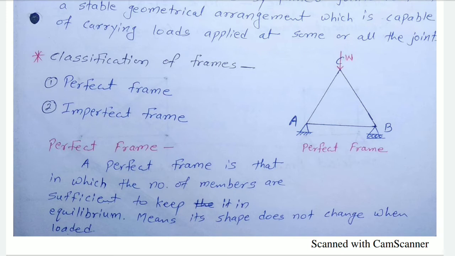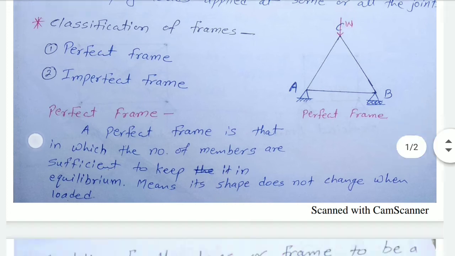It is one in which the number of members is sufficient to keep it in equilibrium. It means its shape does not change when loaded. The shape before loading is equal to the shape after loading. If the shape is not changing, then it is a perfect frame.